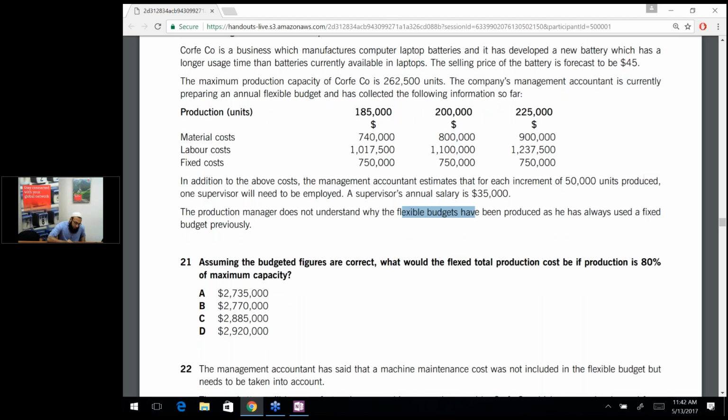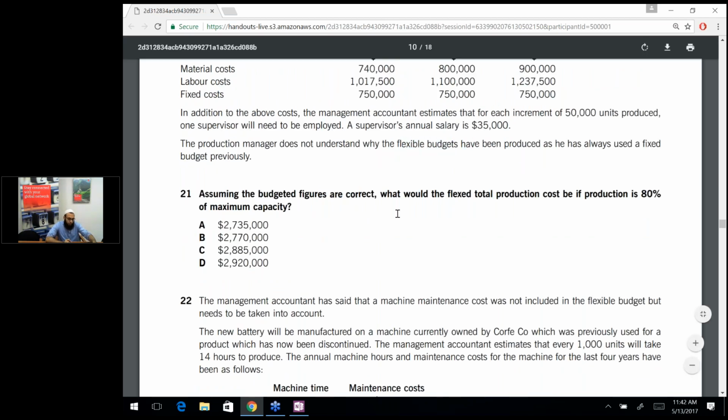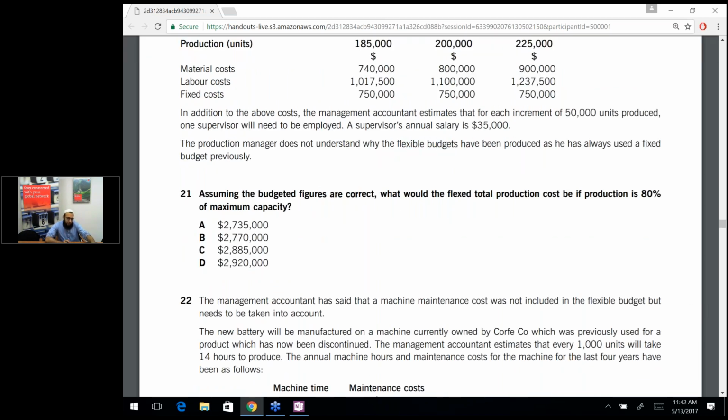Assuming the budget figures are correct, what would be the flexed total production cost if production is 80% of the maximum capacity?